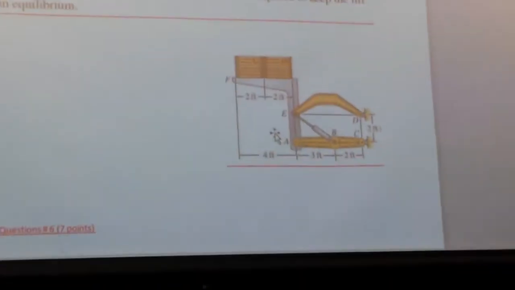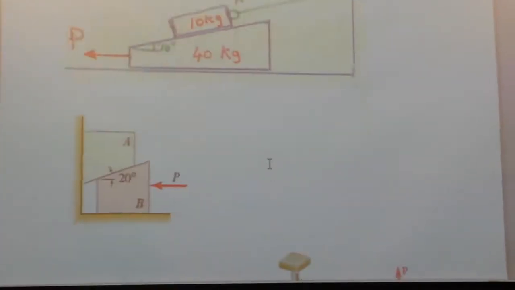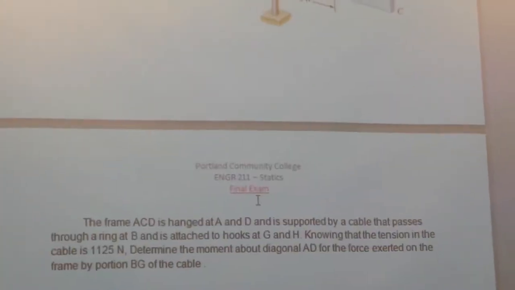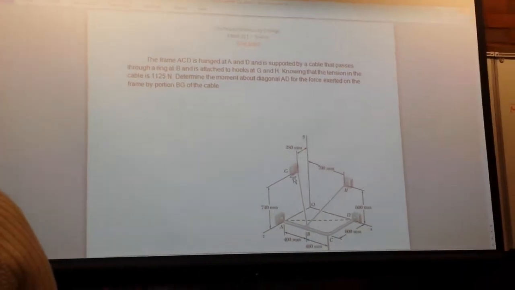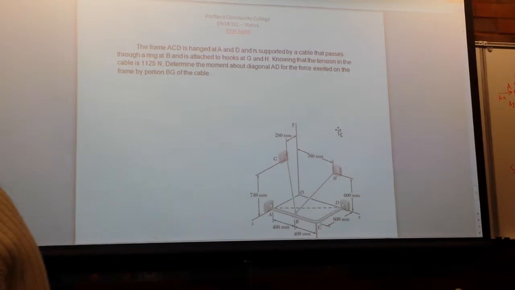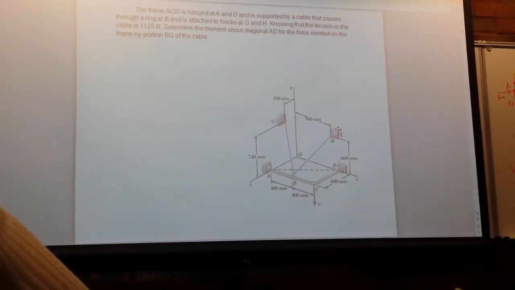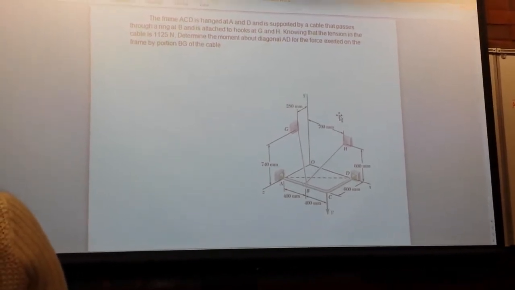And again, you are not going to expect a question that was not solved in class. These are friction questions as well. This is another question from chapter 2 or 3. The frame ECG, to find the moment about diagonal.